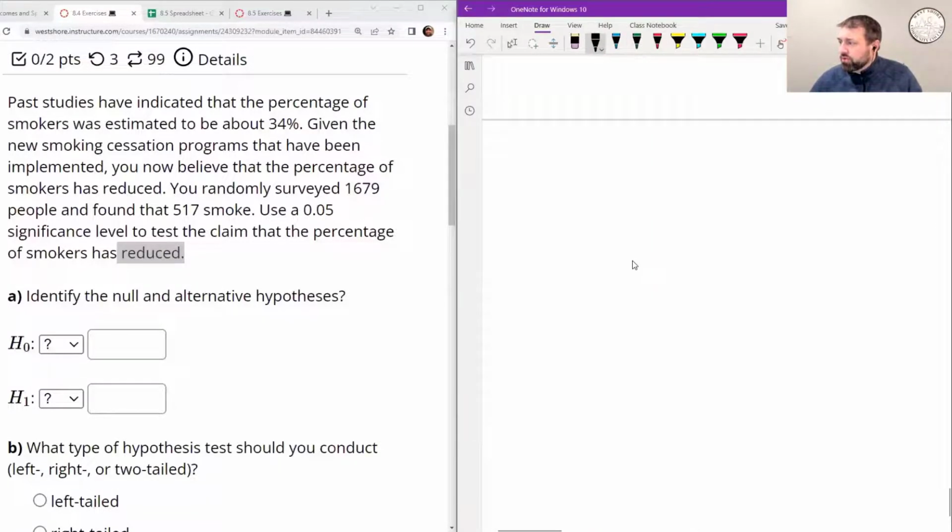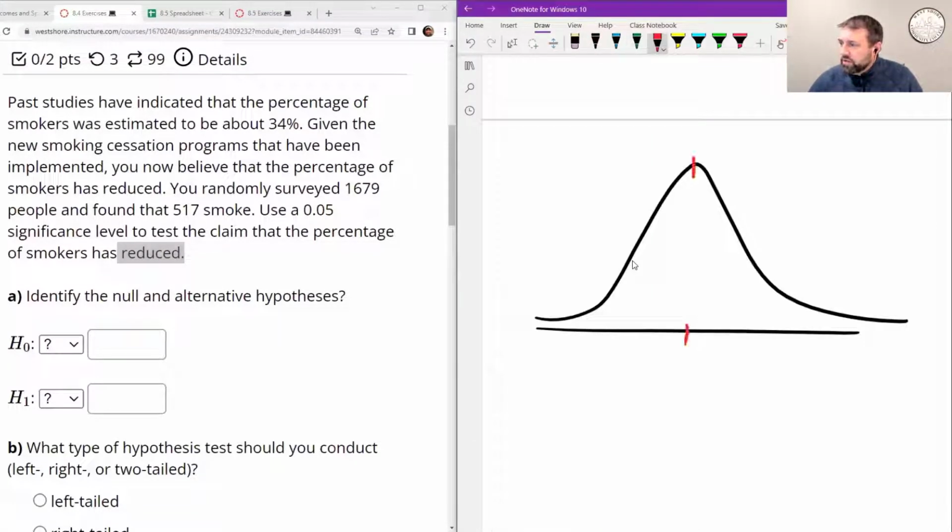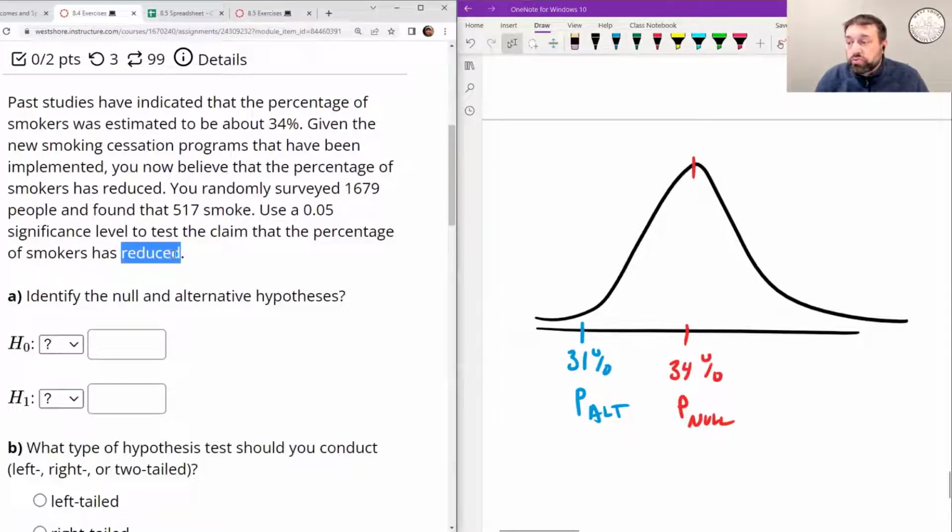And so if we have a normal distribution, the null is at 34%. That is the null hypothesis. That is P of the null. We went and did a sample, and we collected information from our sample, and our sample came back at about 31%. It was 30.9. This is the proportion of success for our alternative. And we believe that the number of smokers has reduced. Reduced meaning less than.